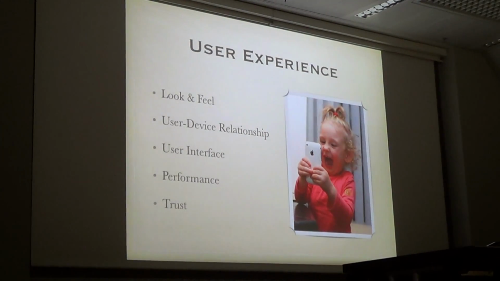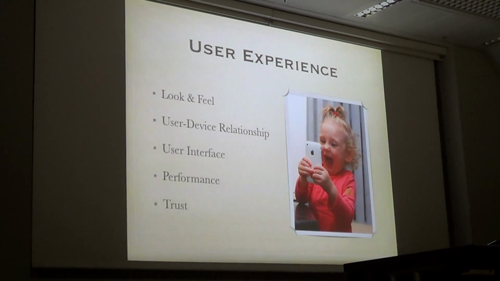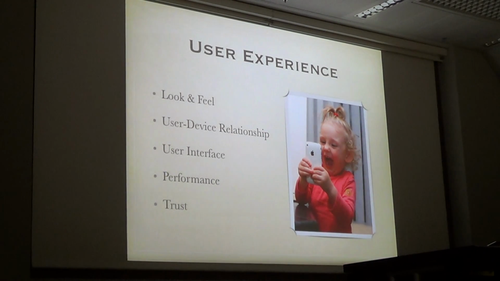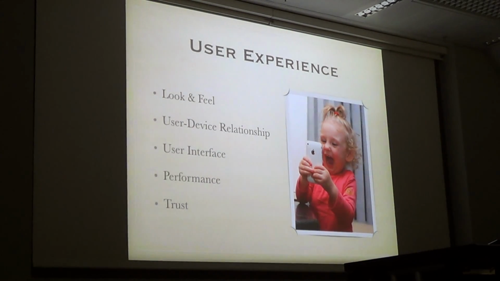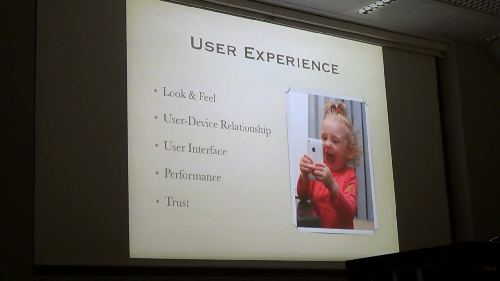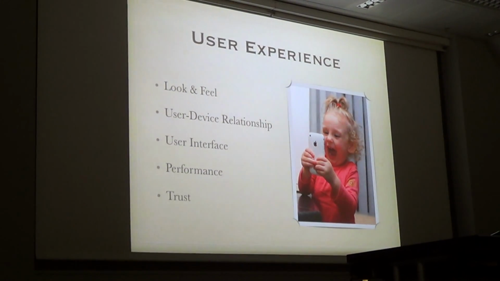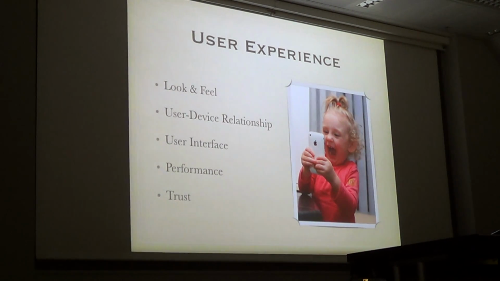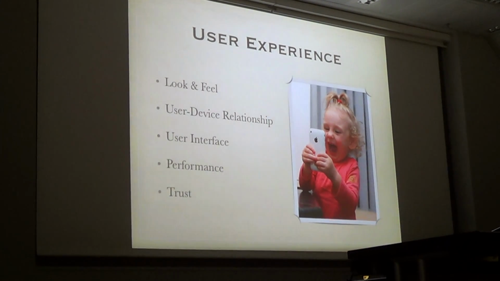Another reason, one of the most important reasons why we like to do it in a native way, is the user experience. We believe that the user has made a choice. He bought the phone. He's expecting something from that device. He's maybe in love with how Apple or Android put together the UI. So we think we should respect that choice and make every app on each platform look like a native app.